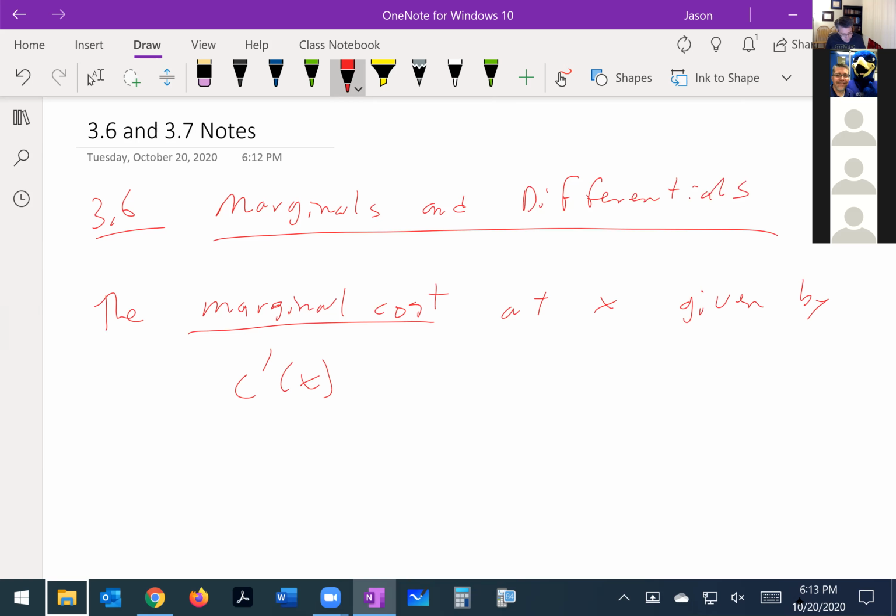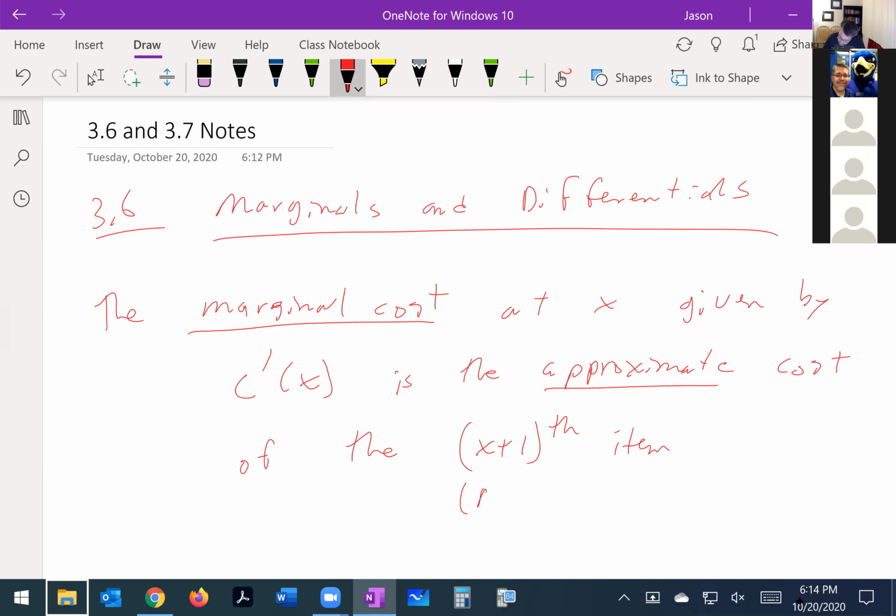Okay, c prime of x is the approximate cost of the x plus 1th item.